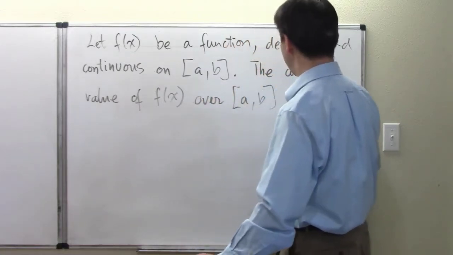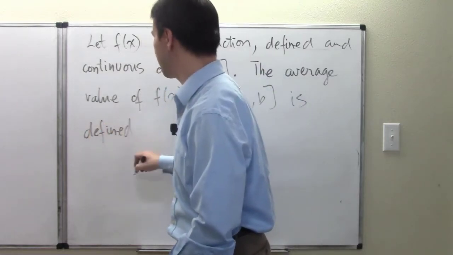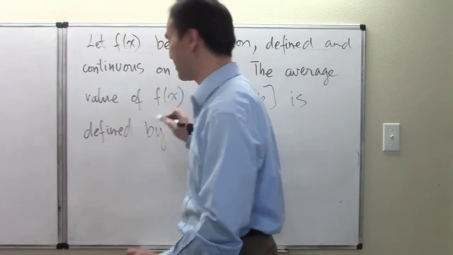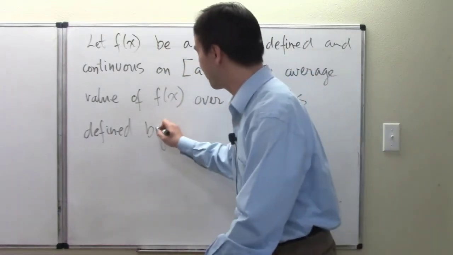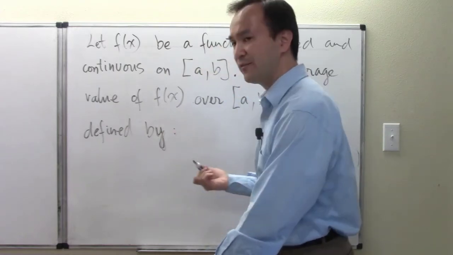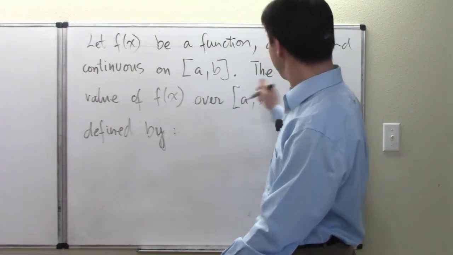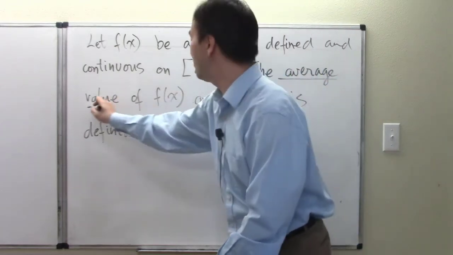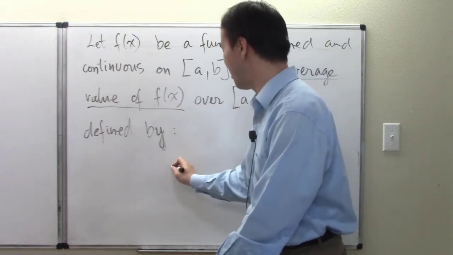This is the wording that I've seen in many textbooks, so I'll stay with that. It is defined by, as I said earlier, many textbooks regard this formula as a definition, but I see it as a definition with the reasoning that leads to it. The average value of the function f of x over that interval is defined by the formula.